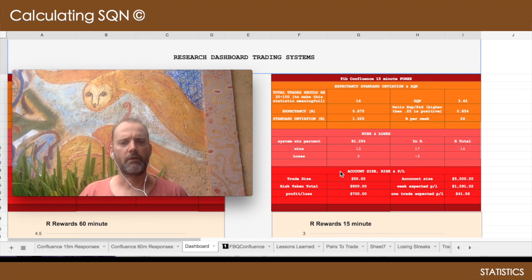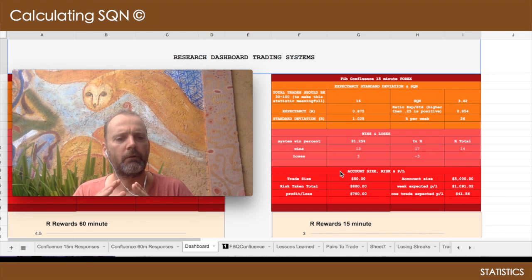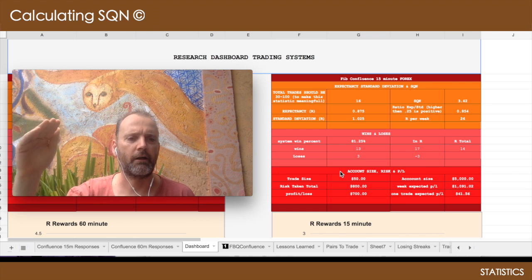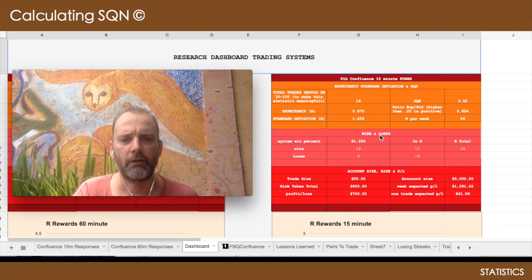So I'm explaining the standard deviation and the expectancy here. All the R-multiples together have an average, for example an R-multiple of 1.3, and they can have a standard deviation that's higher or lower depending on how far the different R-multiples are from each other. If we take the expectancy, which is the average, and divide it by the standard deviation, we get this number.